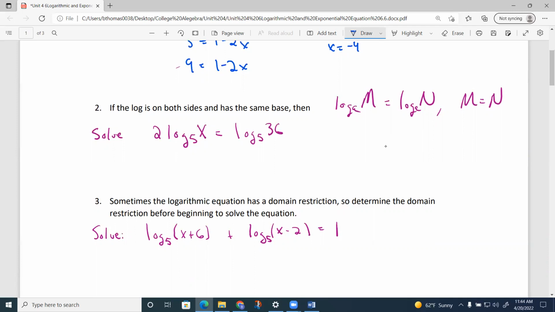But before I do that, though, this 2 has got to be brought back in as an exponent. So this becomes then the log of x squared base 5 is equal to the log of 36 base 5. So we can set x squared equal to 36.